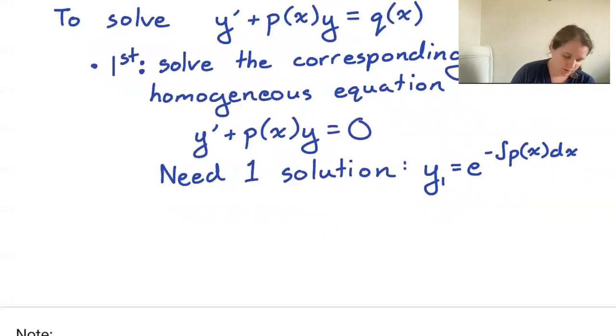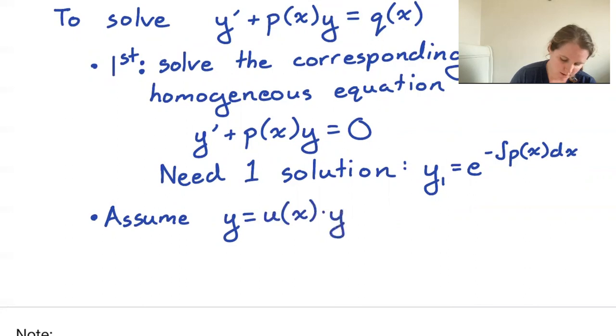Then we are going to assume y equals u of x times y1 is a solution to the non-homogeneous equation.